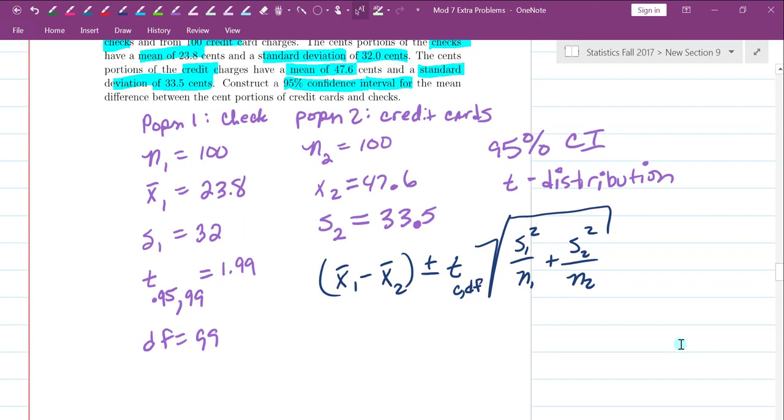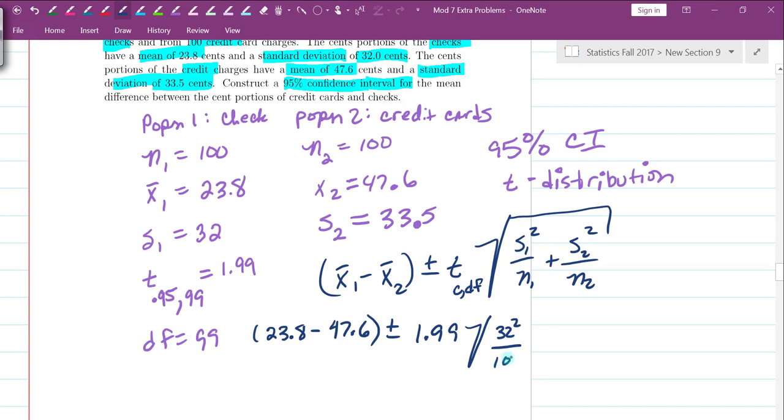So we have x bar 1 is 23.8 subtract 47.6 plus or minus my critical t value, which is 1.99 times the square root of 32 squared divided by my sample size of 100 plus 33.5 squared divided by 100, just like that. We're going to put this in our calculator.